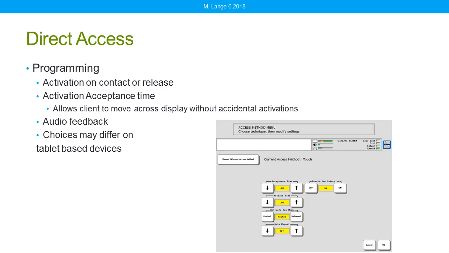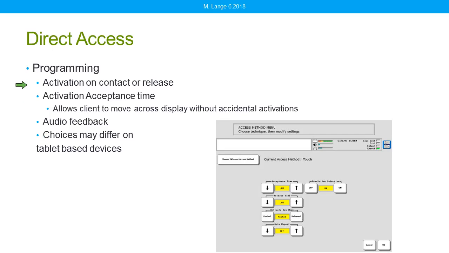We then have programming. Now this varies, of course, from device to device, but here are some of the particular options that are available on some of them. First, we can choose whether or not to have activation on contact or release. Typically, it's on contact. I reach out with a finger, I touch a selection, and voila, it's activated.